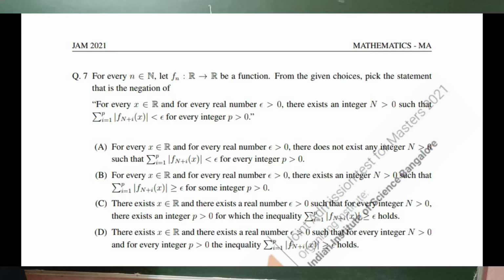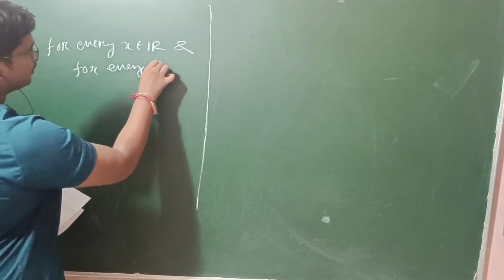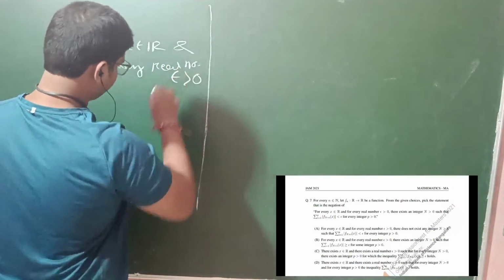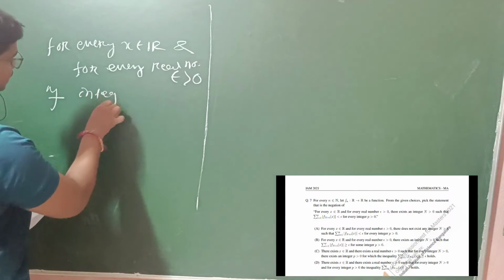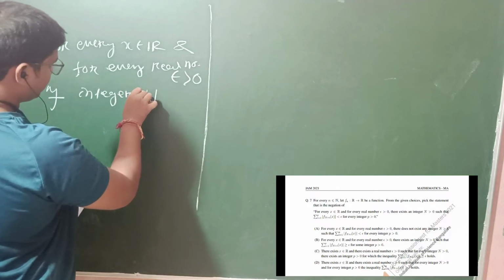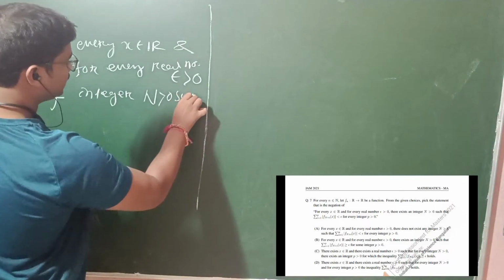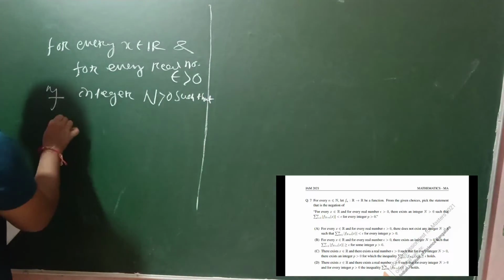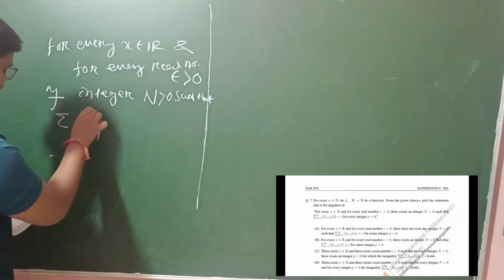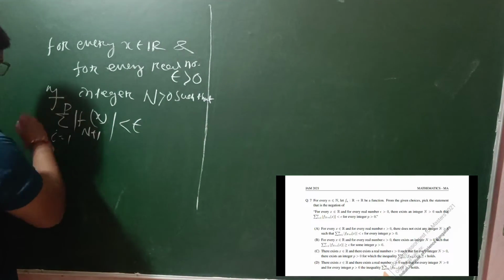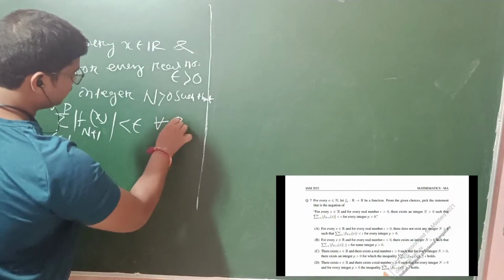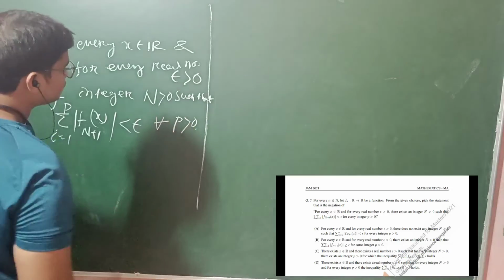The given statement is: for every x belongs to R and for every real number epsilon greater than 0, there exists an integer n greater than 0 such that the summation of f n plus i of x, i equal to 1 to p, is less than epsilon for all p greater than 0.